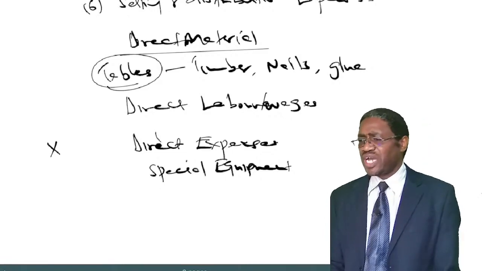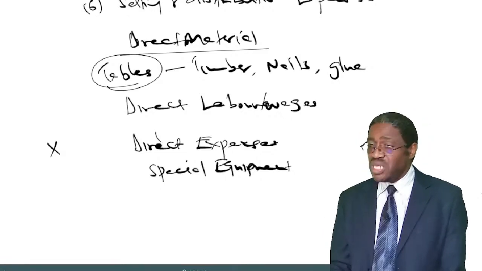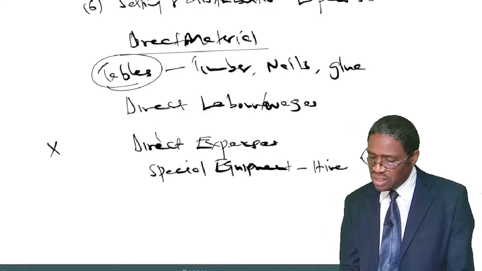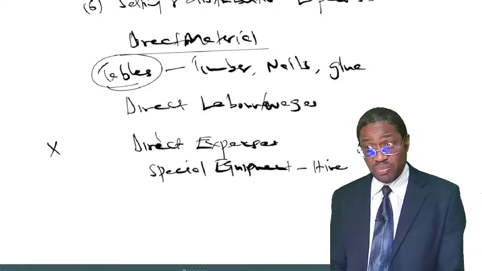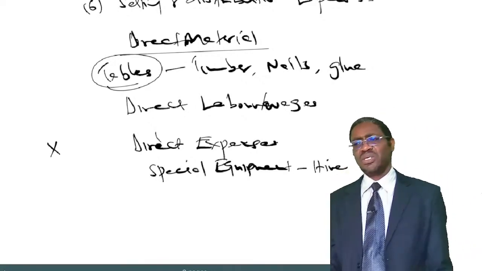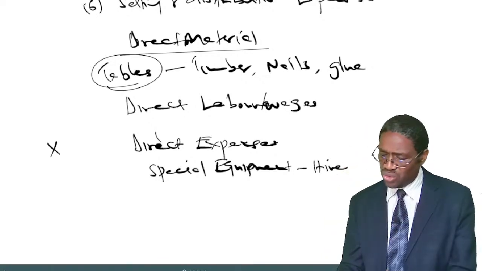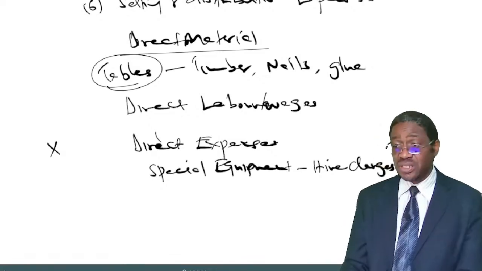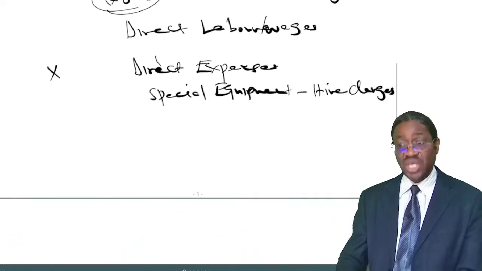The only way I can manufacture it is for me as a manufacturer to go and hire that special equipment. In the process of hiring that special equipment, I will incur what we call hire charges. I will have to spend money on hire charges.